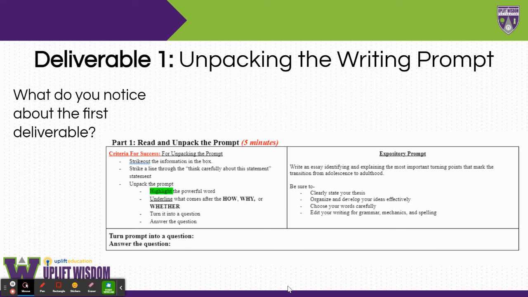Then I want them to strike a line through that think carefully part because they start writing about that. Scratch it out. Now unpack this prompt. So highlight the powerful word. I have my exemplar, but we'll get to that. Then I want them to underline what comes after the how, why, or whether.